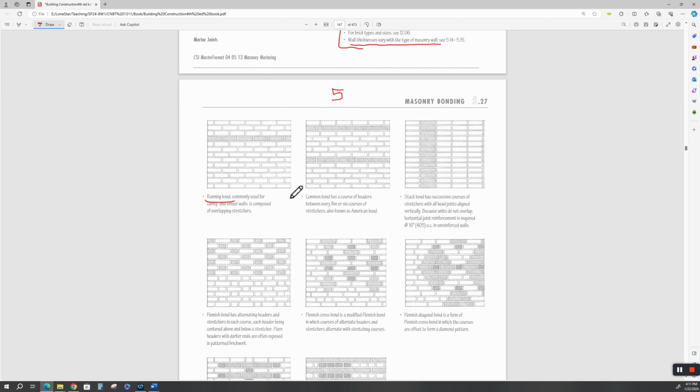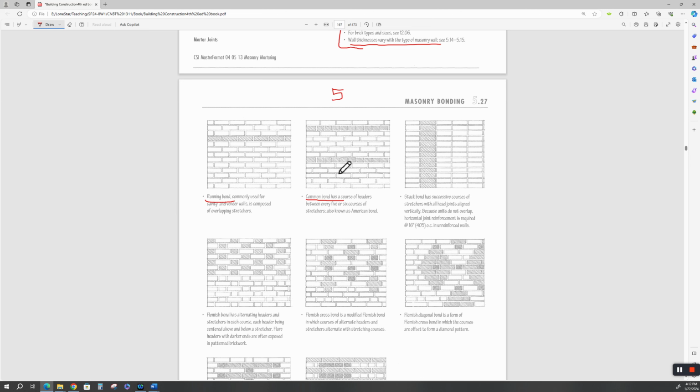Okay? Now, this is a common bond. It has a course of headers between every 5 or 6 courses of stretchers, also known as the American bond. And what's a header? A header is one of these laid where you're looking at the small end, and the long end goes to the next wythe, right?